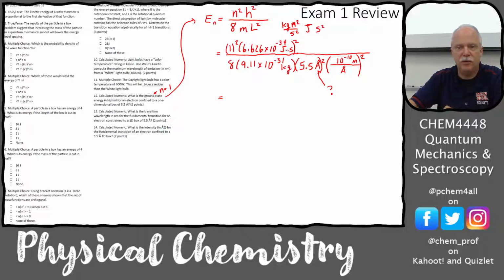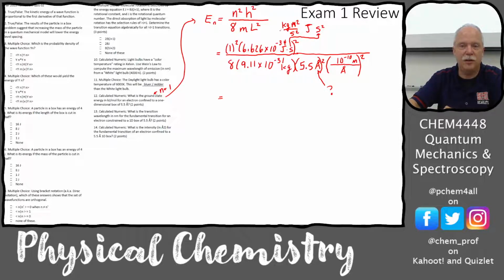Do you see how joule times second squared gives me a second squared right here? Everybody follow that? And I've got a joule squared. One joule is here, the other joule is here. See the kilogram meter squared per second squared? That's a joule.